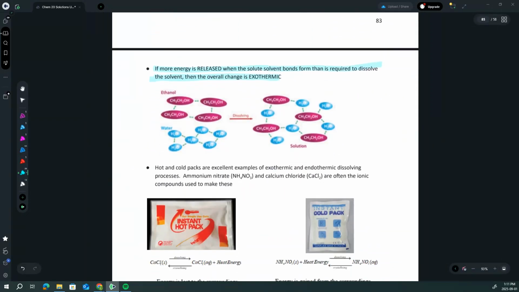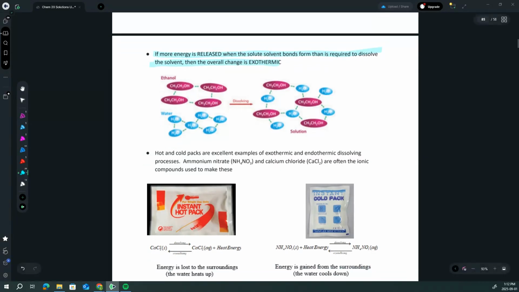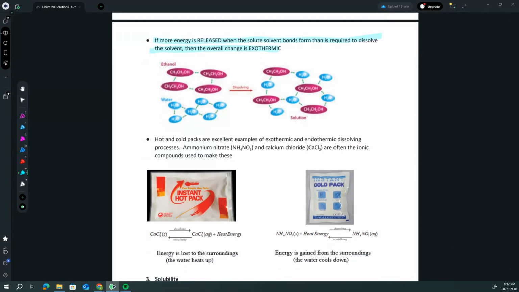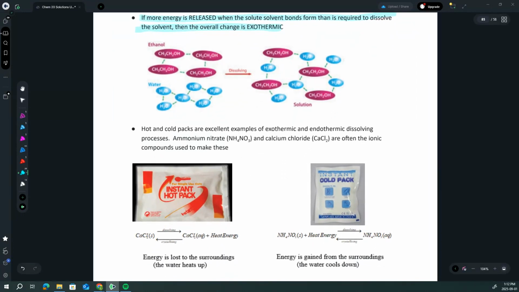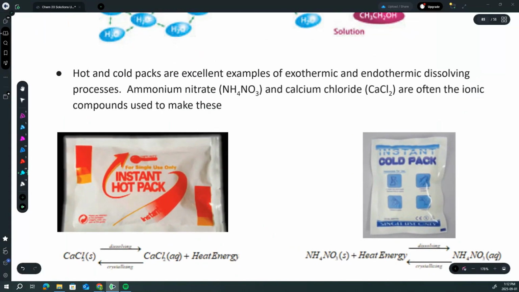So to make endothermic versus exothermic a little more relatable, we can think about hot and cold packs. For a hot pack, when you break it up to get the reaction going, obviously some energy needs to be put into breaking the bonds in the substances within the hot pack.